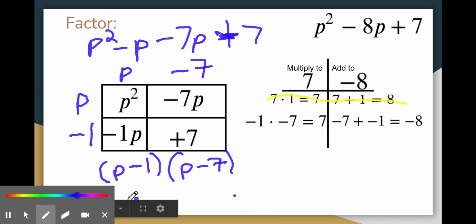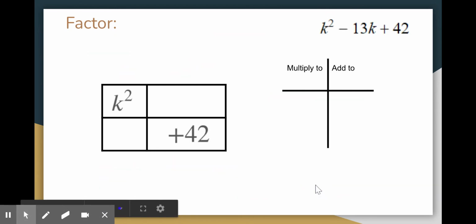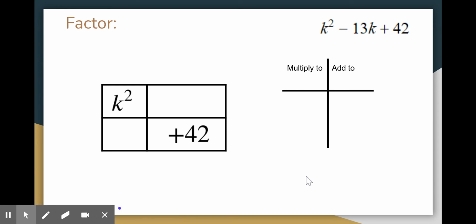Okay, let's go on to the next one. So I just put in k squared and 42. So we're finding what multiplies to 42 and adds to negative 13.